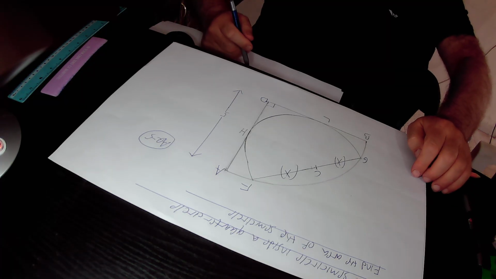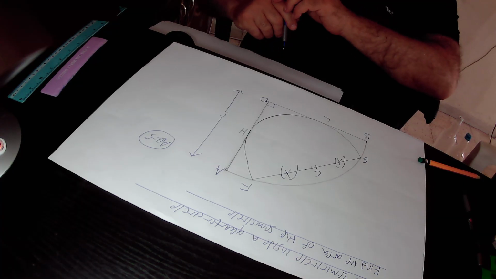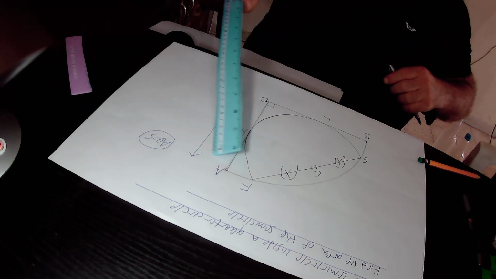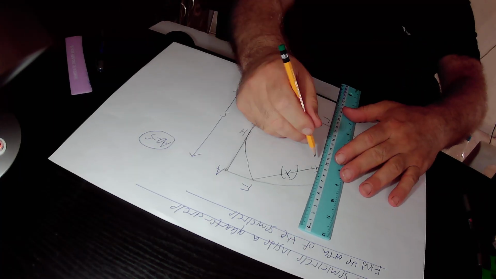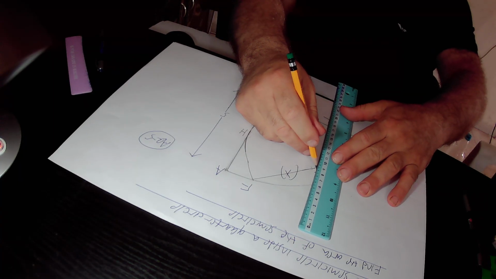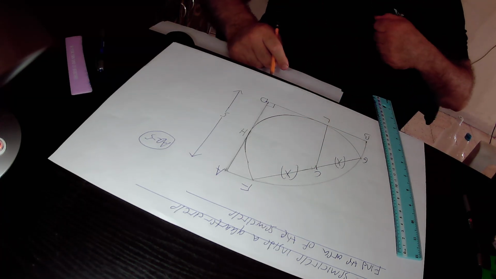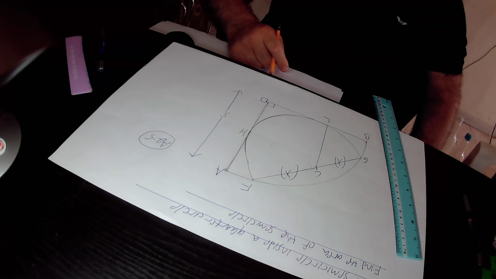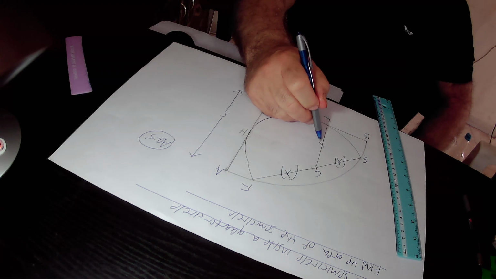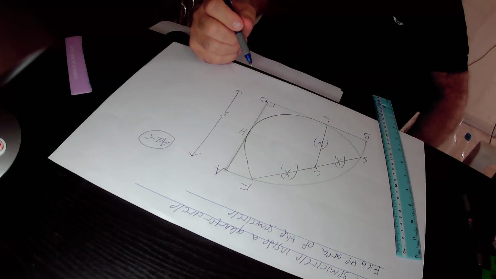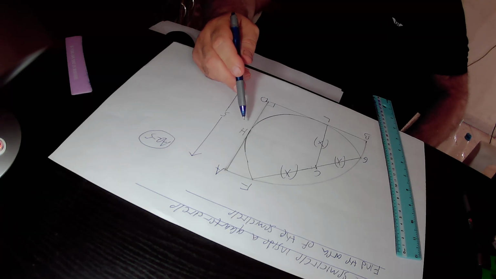In the next step, we'll join points C and L together by a straight line. CL is of course the radius of this semicircle, and equals X according to our definition. Likewise, we'll join points C and H together by a straight line.